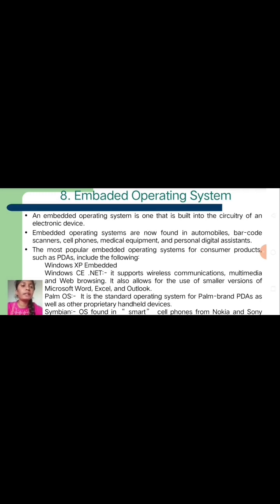The most popular embedded operating systems for consumer products, such as PDAs, include the following: Windows XP Embedded, Windows CE .NET. It supports wireless communication, multimedia, and web browsing. It also allows the use of smaller variants of Microsoft Word, Excel, and Outlook.